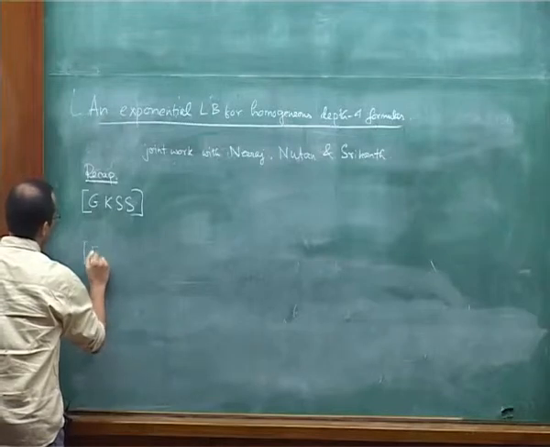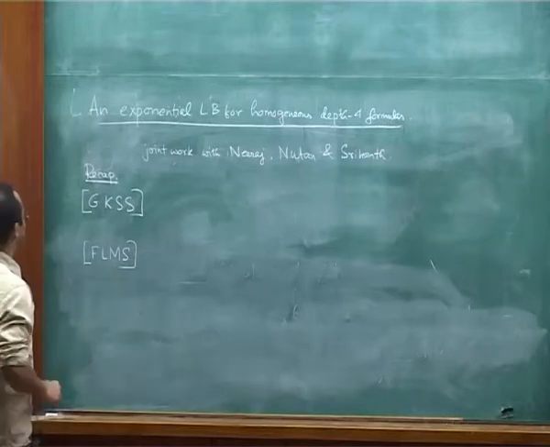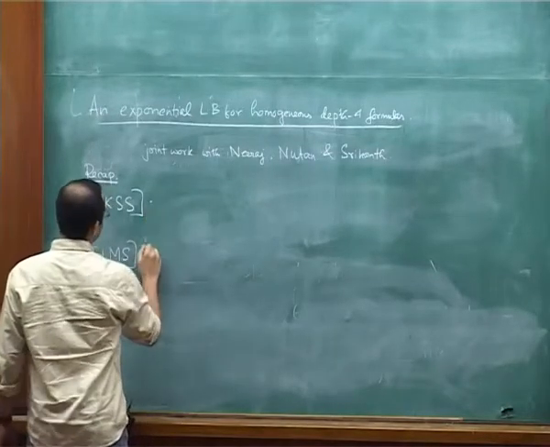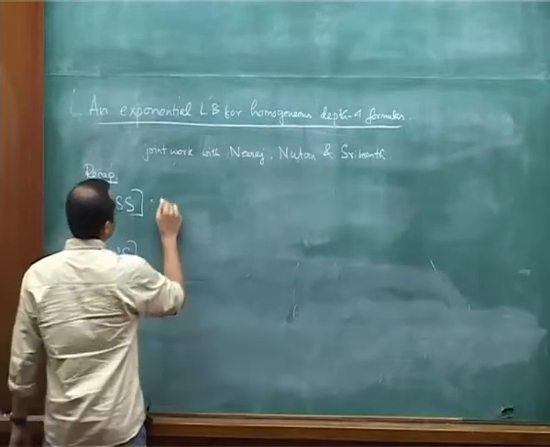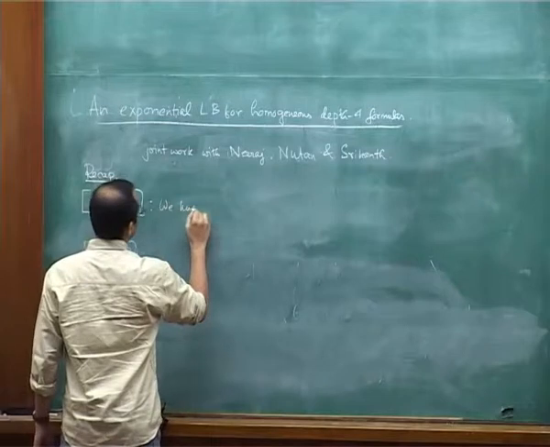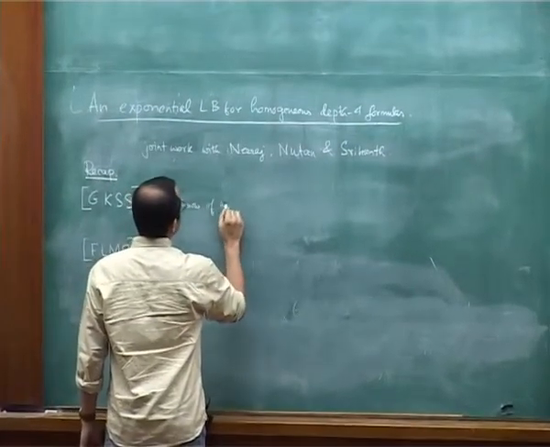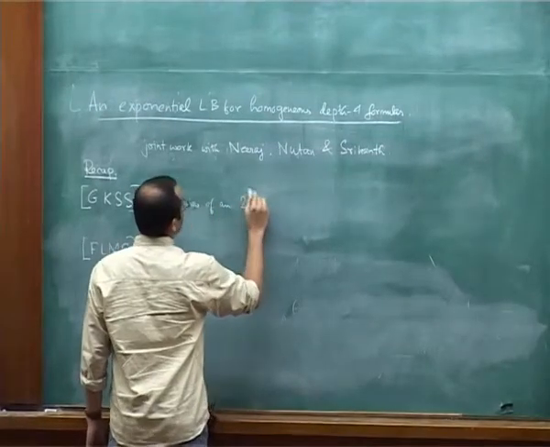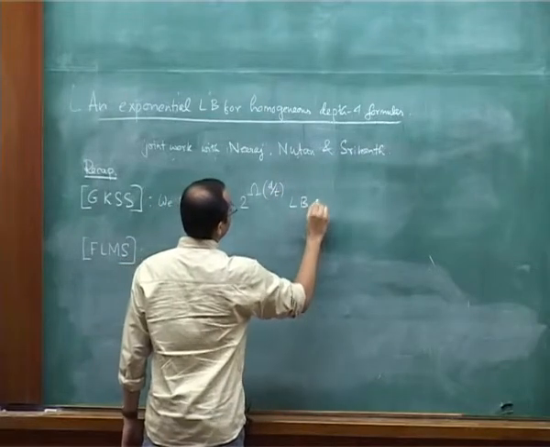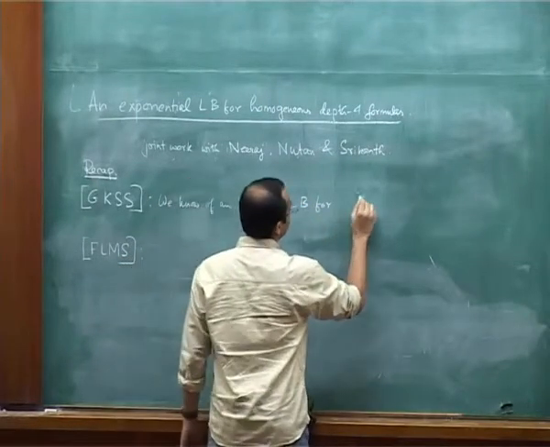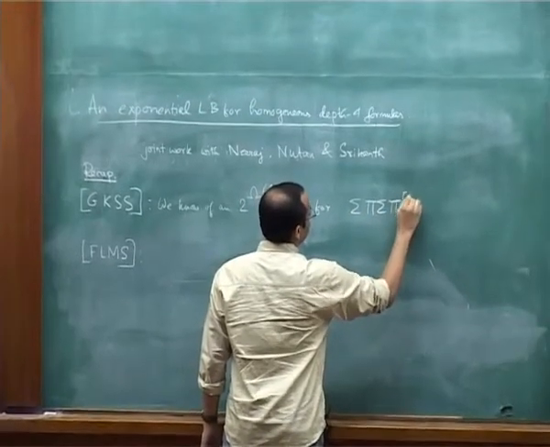The other is this FLMS paper, which Srikant discussed in the morning. And the summary of this is the following, that we could prove an omega d by t lower bound for the following model, which I denote by this.